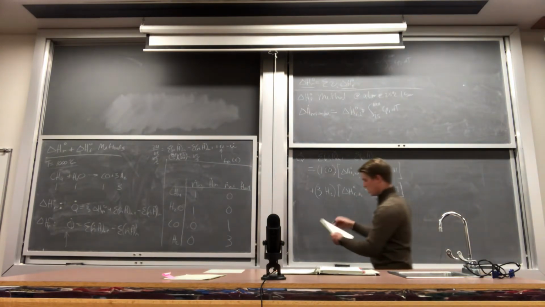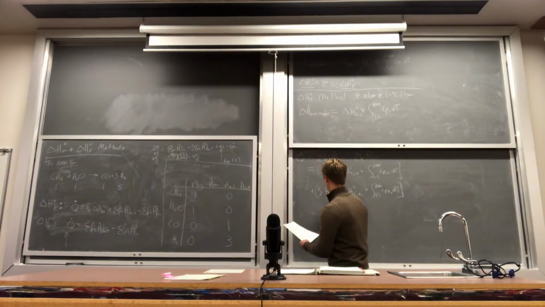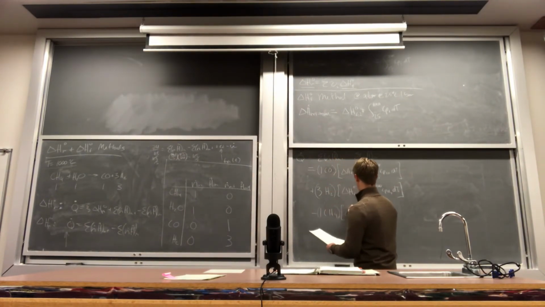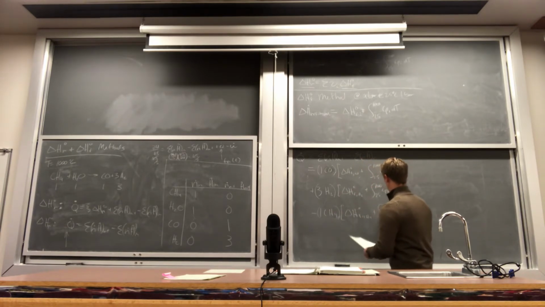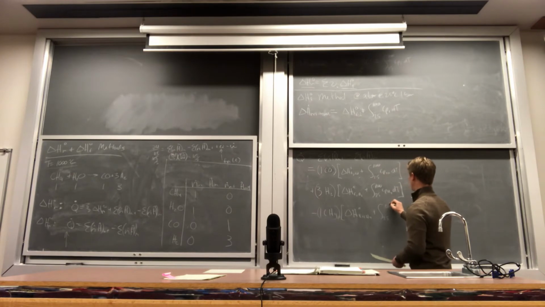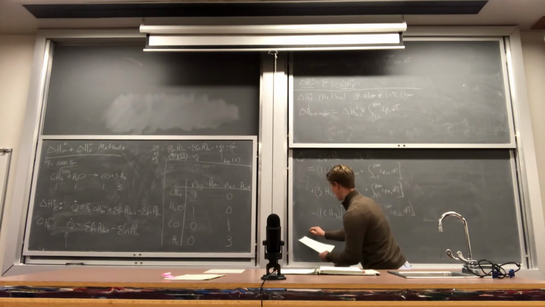All right, so I'm going to continue here. So now we're subtracting the inlet, so minus 1 CH4 times its heat of formation. And the last piece is the water, minus 1 water.